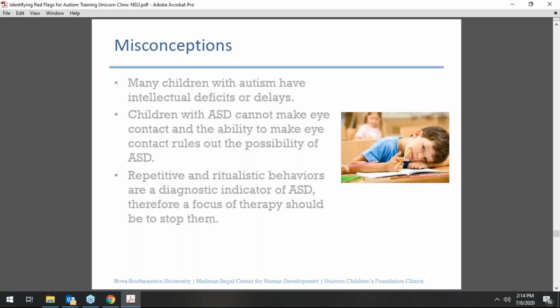Another common misconception is that repetitive and ritualistic behaviors, like body rocking, hand flapping, and so forth, are a diagnostic indicator of ASD, and therefore a focus of therapy should be to stop them. This one, in fact, is not true. A lot of times these repetitive or ritualistic behaviors such as flapping, pacing, rubbing on certain textures, could be self-soothing for a child on the spectrum.